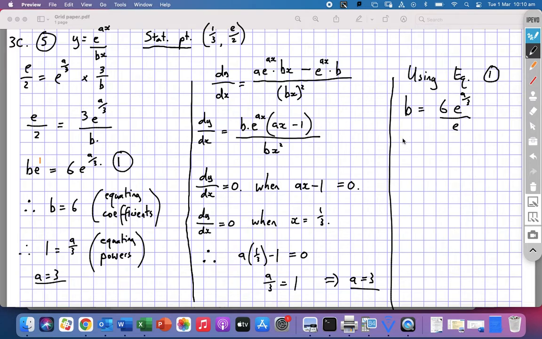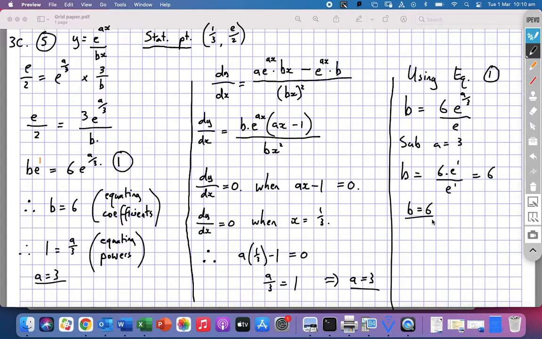We want to substitute a is 3, so we get b equals 6 times e to the power of 1 on e to the power of 1. These cancel out, equals 6, and we're done. B equals 6.